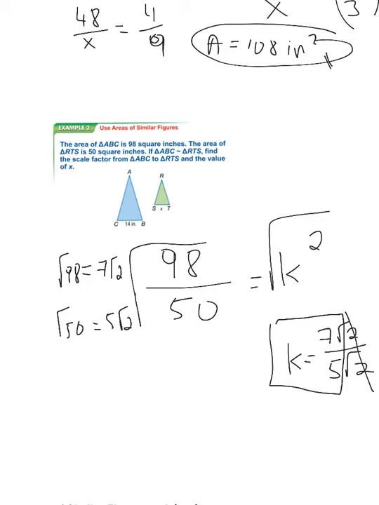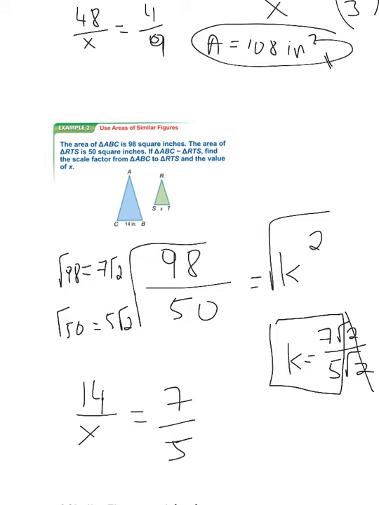Now the second part of the question is, find the value of x. Don't confuse this, the scale factor is old stuff. Now I'm not looking for area, I'm looking for length, one dimensional. So if you do 14 over x, I'm comparing the bigger triangle to the smaller triangle, it will be 7 over 5.